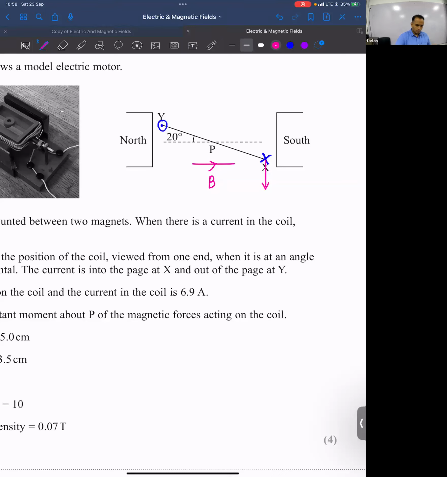The force on this piece of wire will be upwards. Agree? So this is going to cause an anticlockwise movement. Is that okay? Right?